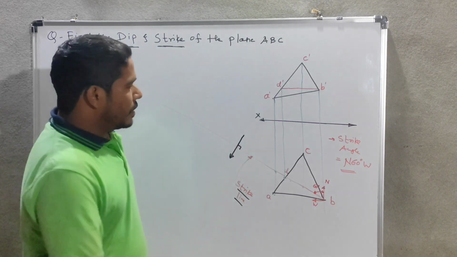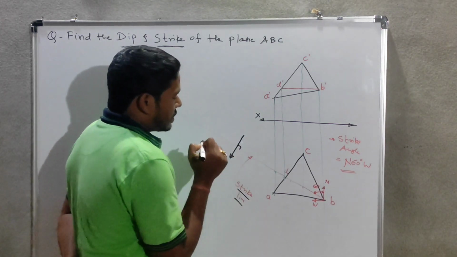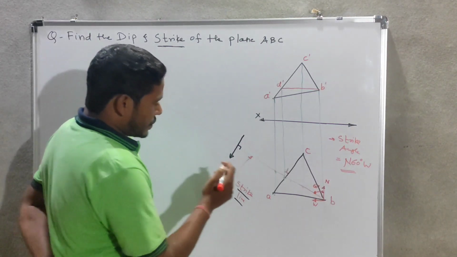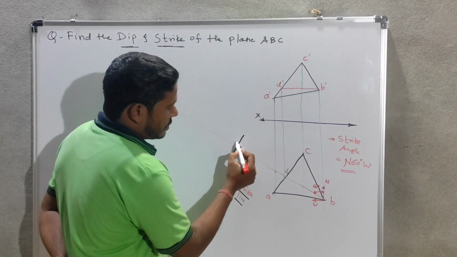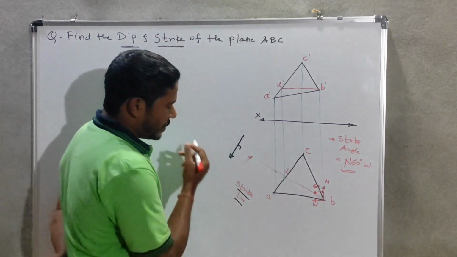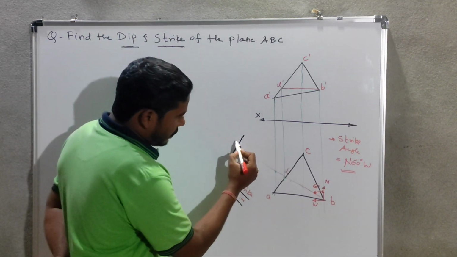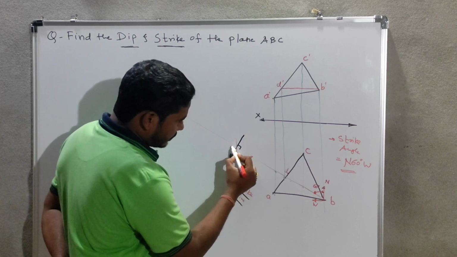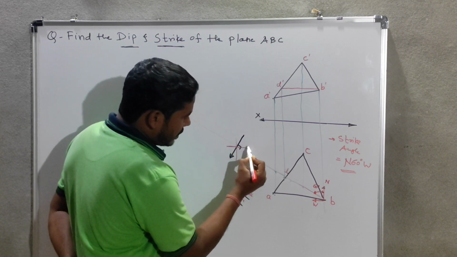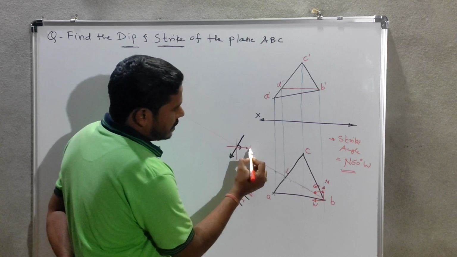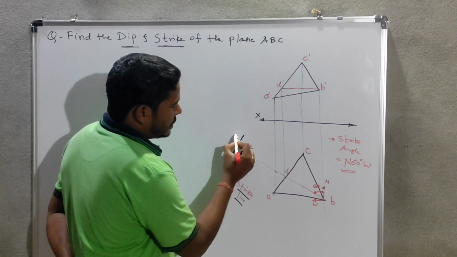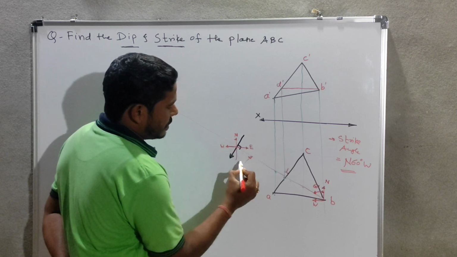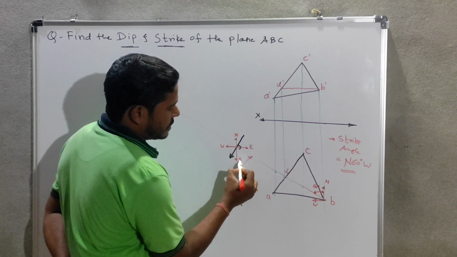Okay, so like this. Now I have to check in which quadrant, or in which direction, that dip is going to act. For that I need to make quadrants here. If I make quadrants, this is the east, this is the north, this is the west, and this is the south.